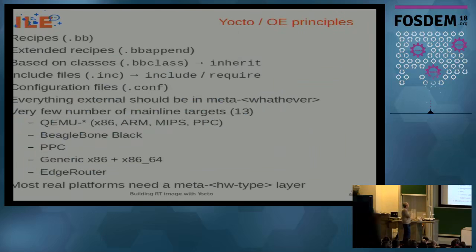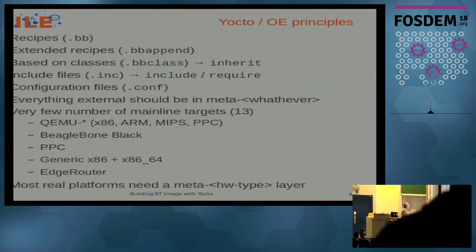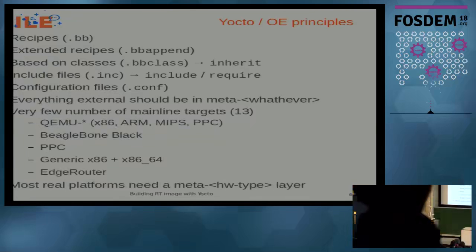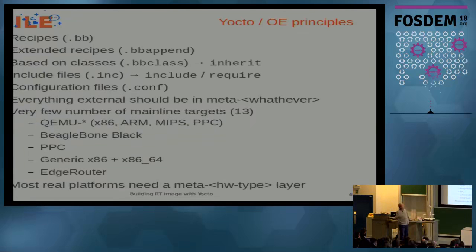So some principles are based on recipes. You can extend recipes, as we talked about during the presentation. You can use classes. You have configuration files, include files. Everything should be in a meta, in a layer actually, meta whatever.